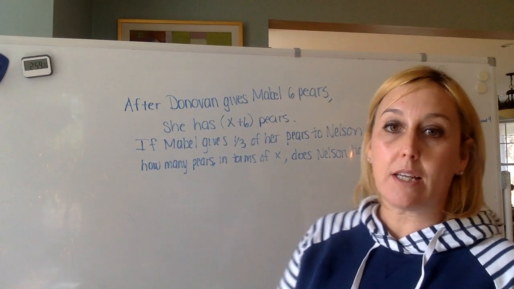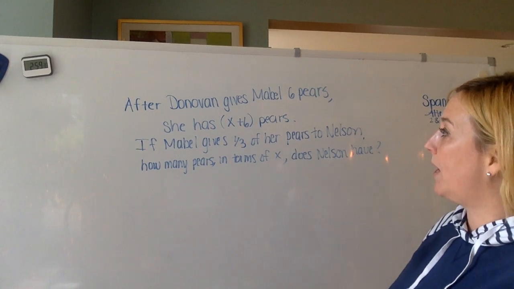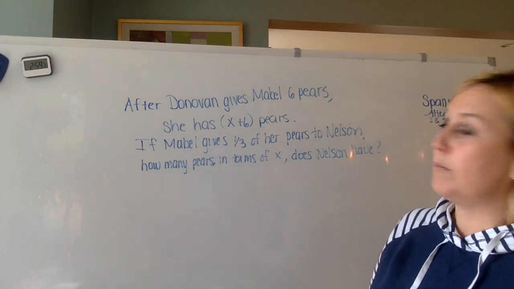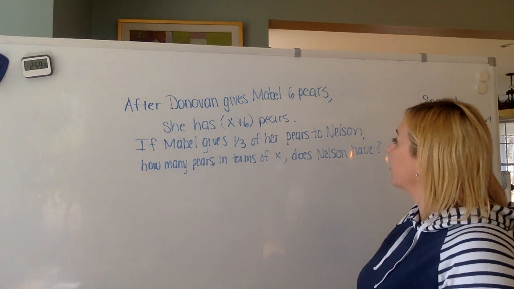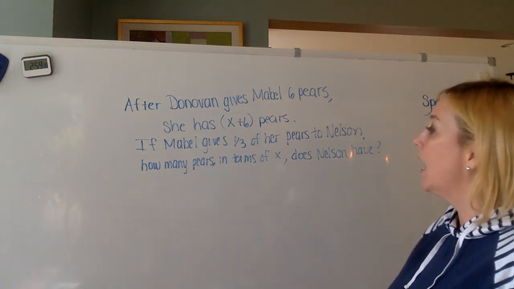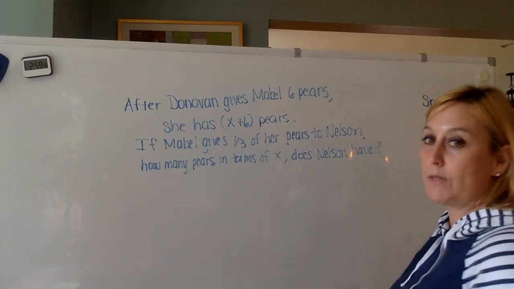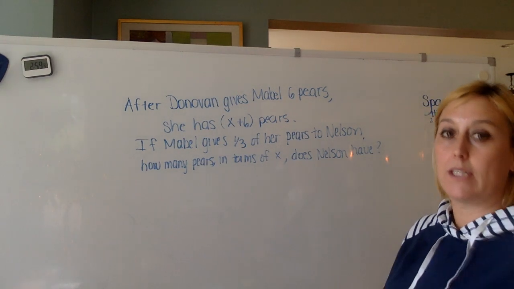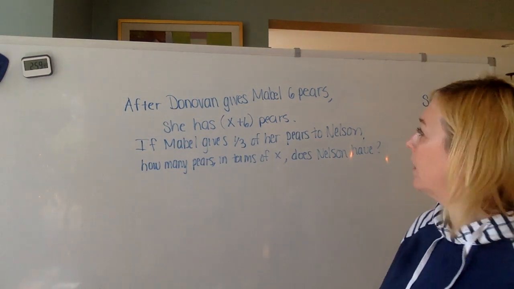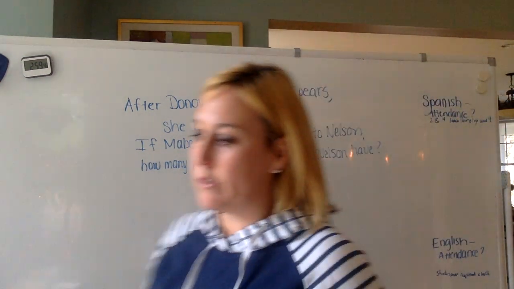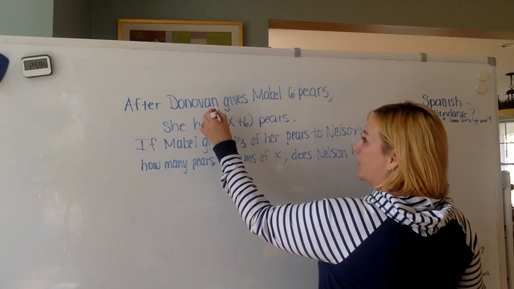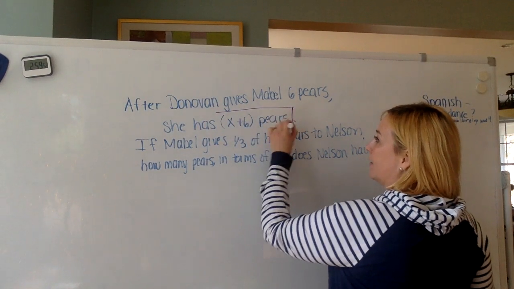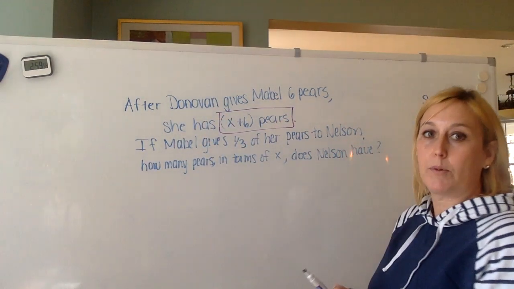So, after Donovan gives Mabel 6 pairs, she has x plus 6 pairs. If Mabel gives 1/3 of her pairs to Nelson, how many pairs in terms of x does Nelson have? So Mabel gets 6 pairs from Donovan. This is why the expression is being written as x plus 6, right?